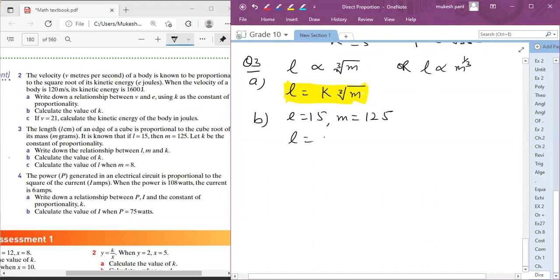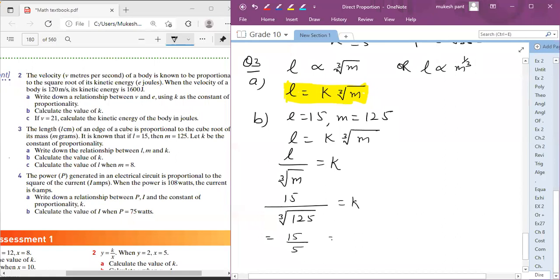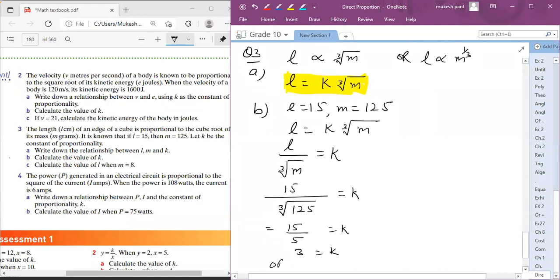L equals k times the cube root of m, so L over the cube root of m equals k. L is 15, the cube root of 125 is 5, since 5 times 5 times 5 is 125. So 3 equals k, or k equals 3. We have got k equals 3.